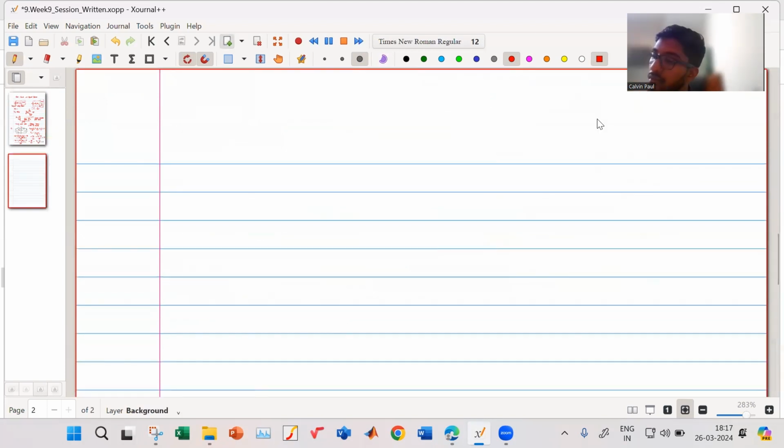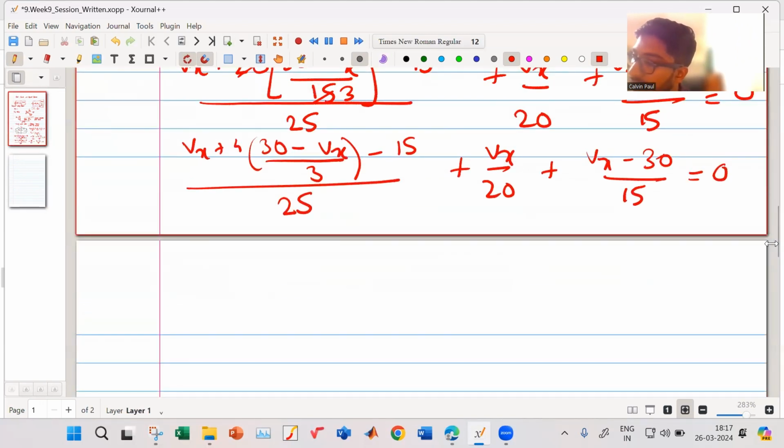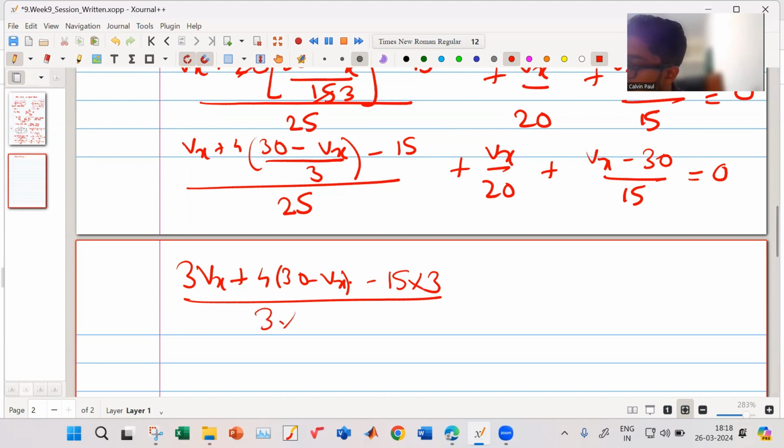Let me first rationalize. This is not yet in a proper numerator denominator form, so I multiply throughout by 3. So it becomes 3Vx plus 4 into 30 minus Vx, minus 15 into 3, divided by 3 into 25, plus Vx upon 20, plus Vx minus 30 upon 15 is equal to 0.